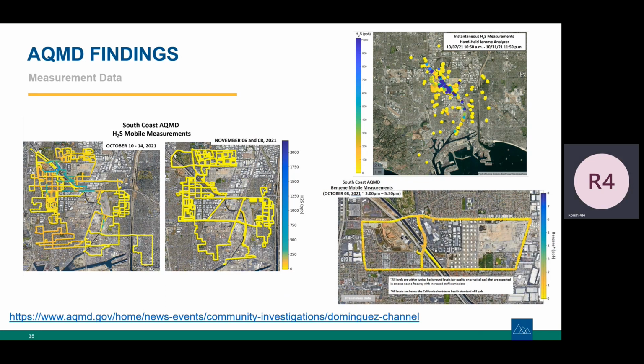They did a lot of air monitoring during this. It's super interesting. You can check it out here. But these maps show, like some of the previous presentations, concentrations as a function of where they were driving and very high time resolution data. And we're able to definitely show that it was the Dominguez channel.